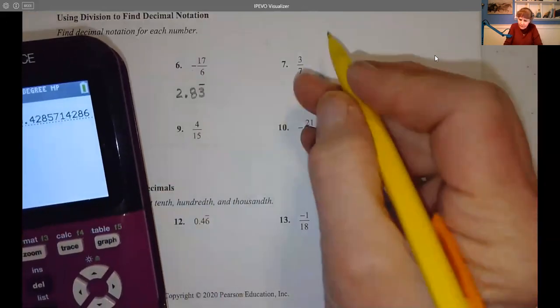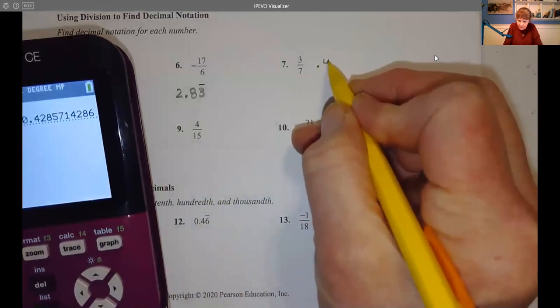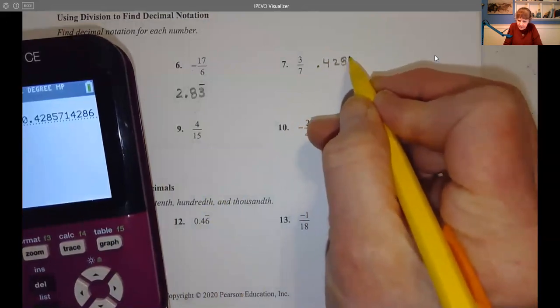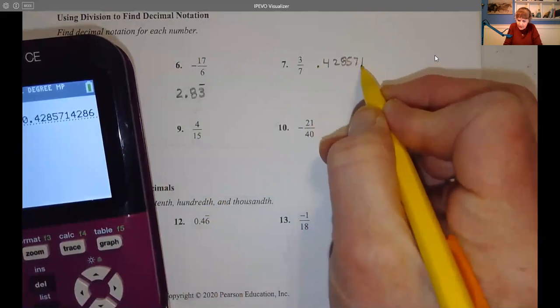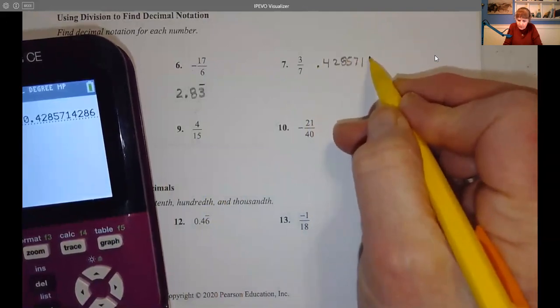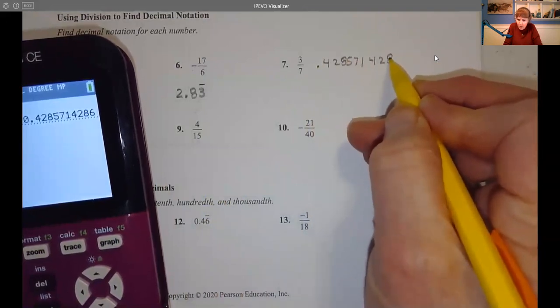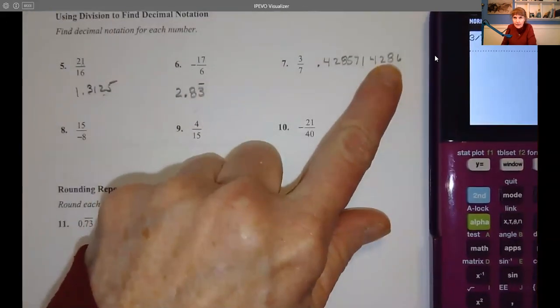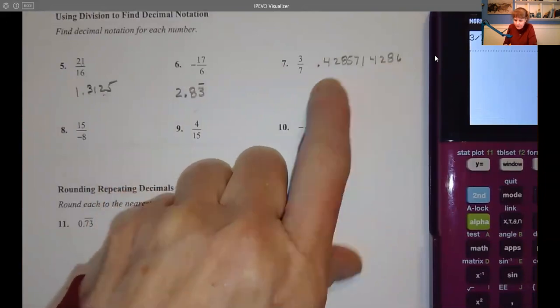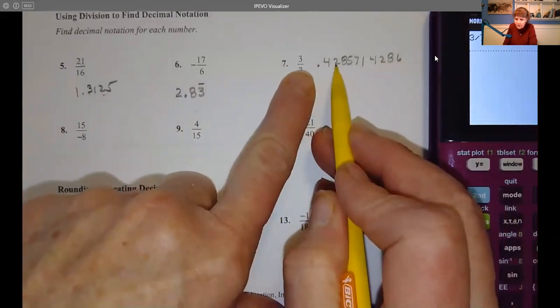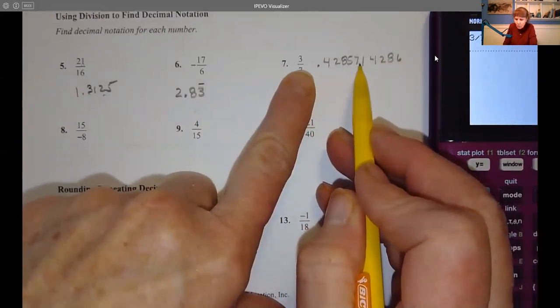Yep, it is. So we have 0.428571. And now here it starts to repeat. 428. Oh, but my calculator had that 6 right there. But I'm saying it repeats.